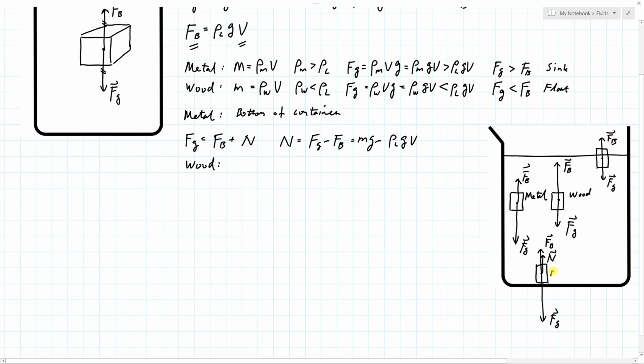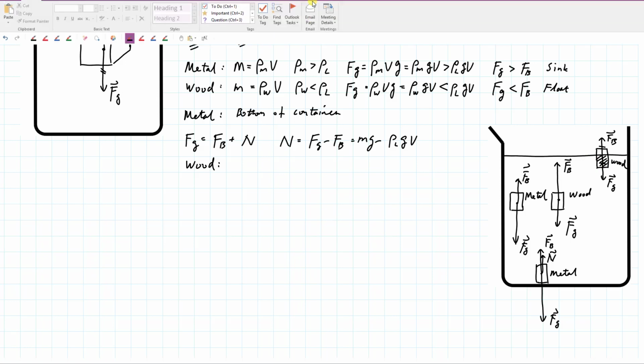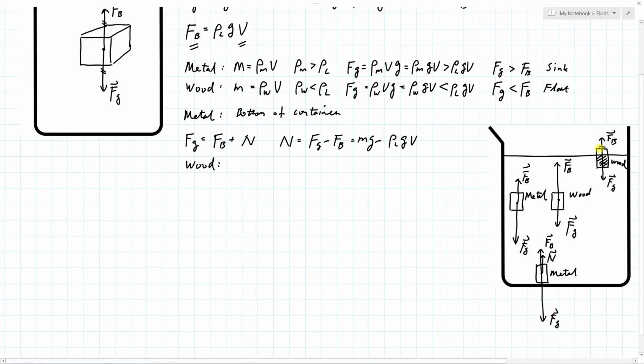Now let's say metal. Wood. Okay, buoyancy force on the wood is upward, and it balances gravity on the wood. This is explained by the fact that only this portion of the wood is submerged. Let's change the color so I can still mark the lengths.